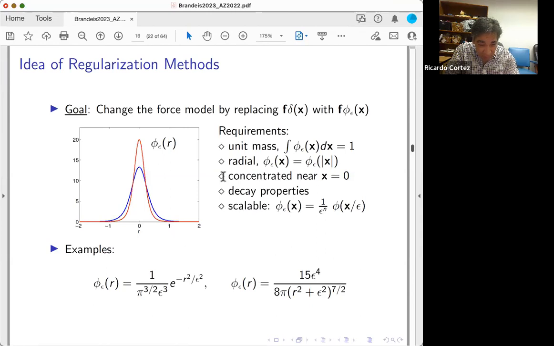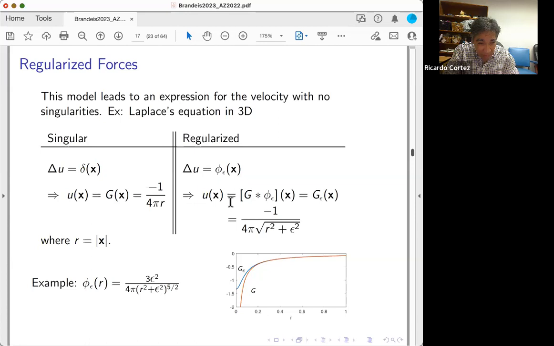And here are some properties. So I'm going to use radially symmetric functions. But then you can solve, for example, if you solve the singular version of this, it's just Laplace's equation. The solution is the Green's function like this. This is the same singularity.